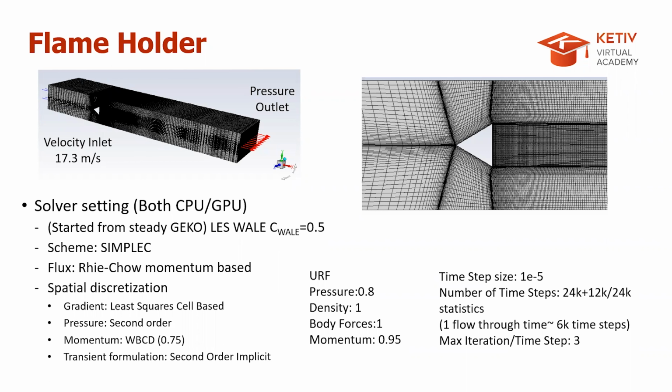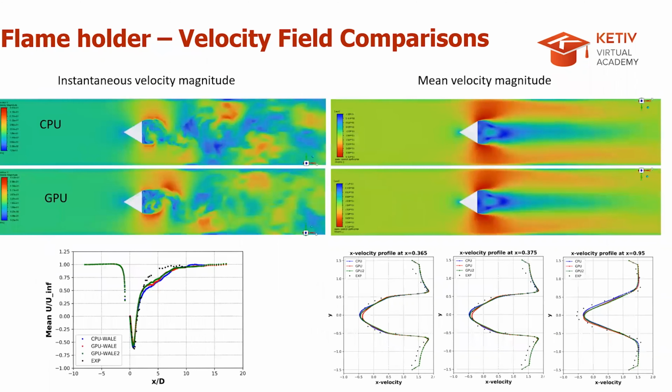You can see that this is a fully transient problem, and you're adding a lot more physics than the last two cases. But when we compare the CPU and GPU results, both in terms of variable contours and also data at specific axial locations, they match up pretty well. The upper contour is for the CPU-derived result. The lower contour is for the GPU simulation. These look pretty identical, both for the instantaneous velocity and mean velocity.